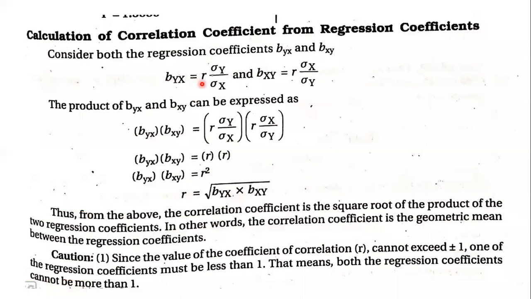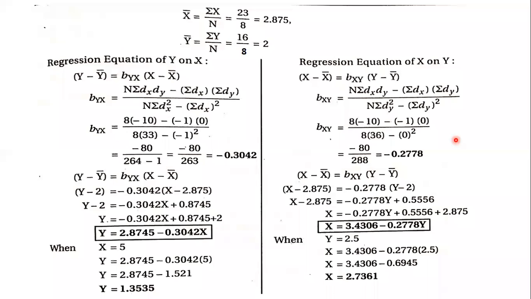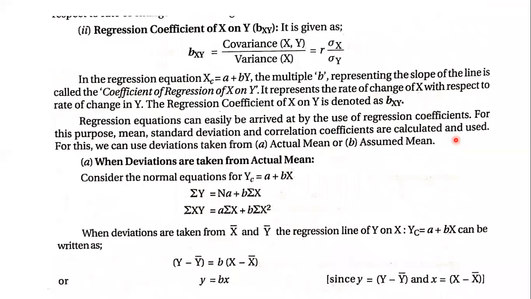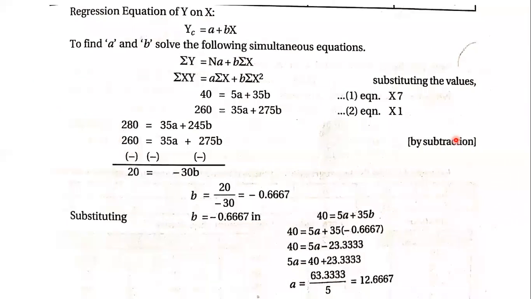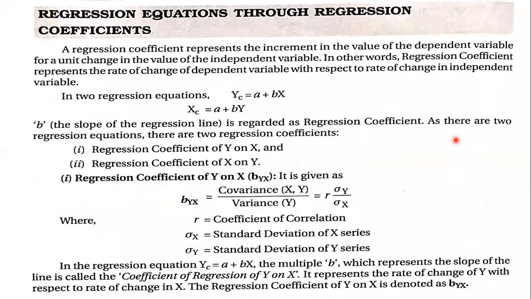That is nothing but R into... If you go back to the starting part of regression, regression equations, and when we came to coefficients of regression equations, you have R into regression coefficient Byx. R is coefficient of correlation. So R into standard deviation of Y divided by standard deviation of X. This is the regression coefficient's actual formula.